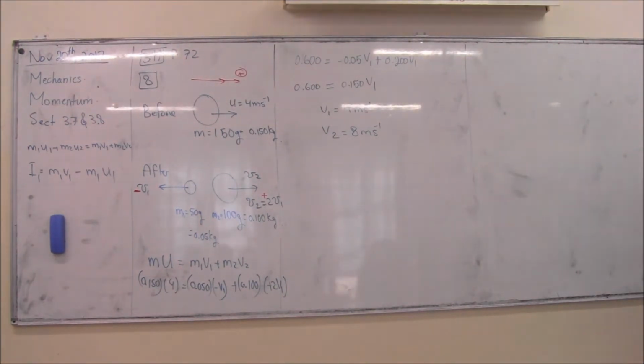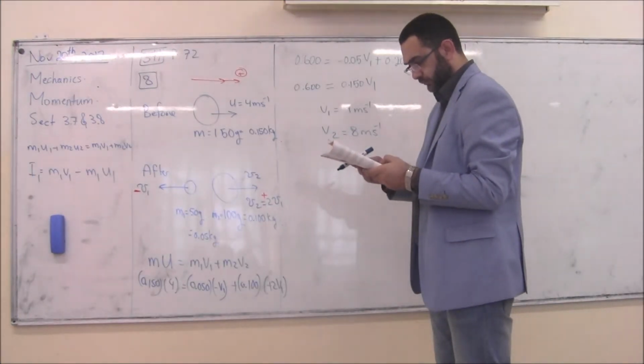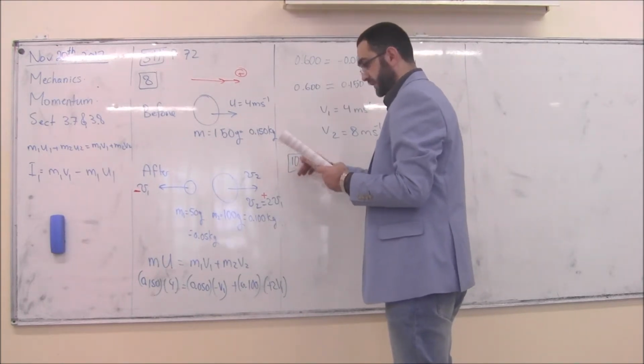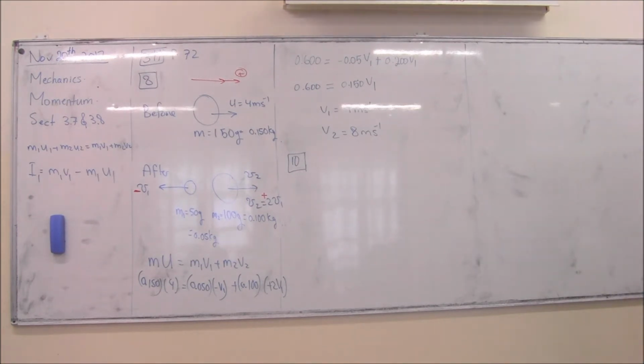Look now at question 10, please. In question 10, two particles A and B of mass 4 kilograms and 2 kilograms respectively are connected by a light inextensible string. Pay attention.